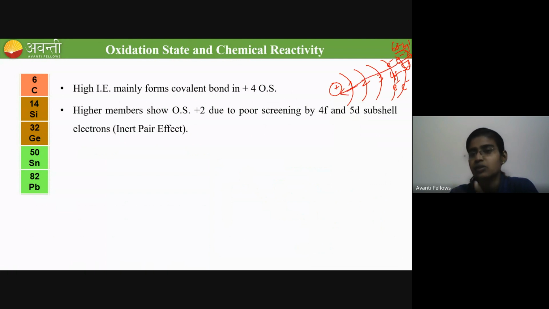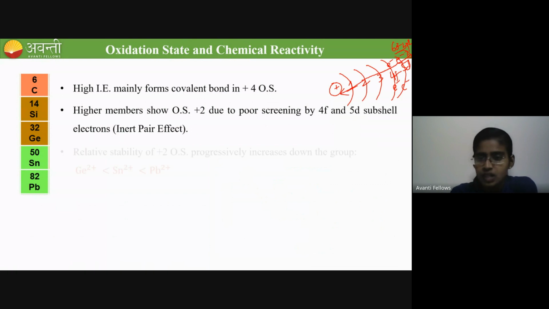So they cannot take part in the bonding. Only the two electrons in the 6p orbital can form bonds with the other element. So tin and lead can donate only 2 electrons. They cannot donate 4 electrons. So the +2 oxidation state is more stable for the higher members.